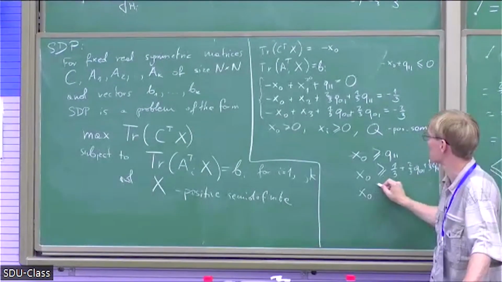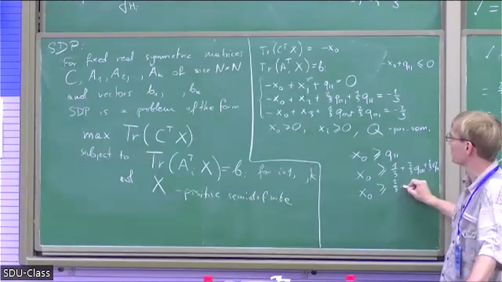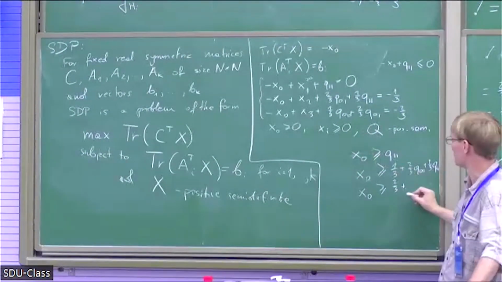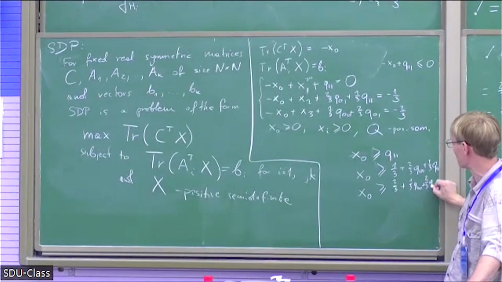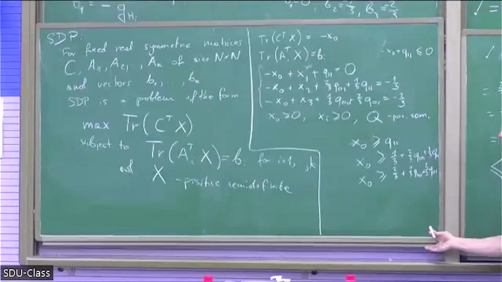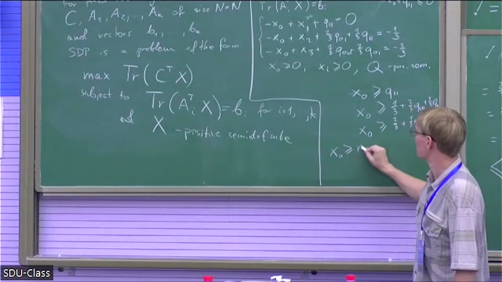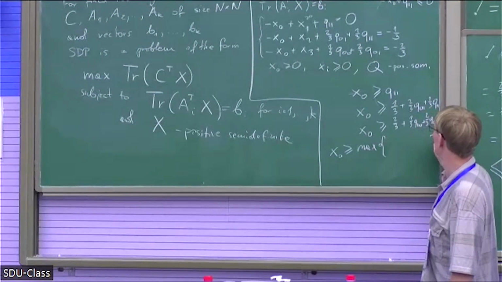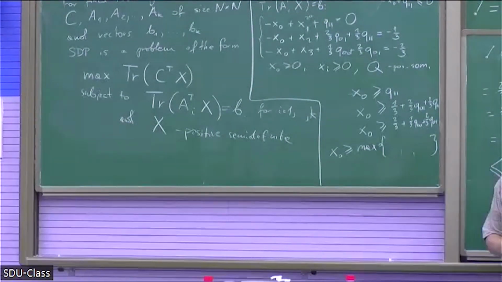And from the last one, in a similar way, I get the third expression. So basically, x0 is at least the maximum of those, which is exactly what I have here.